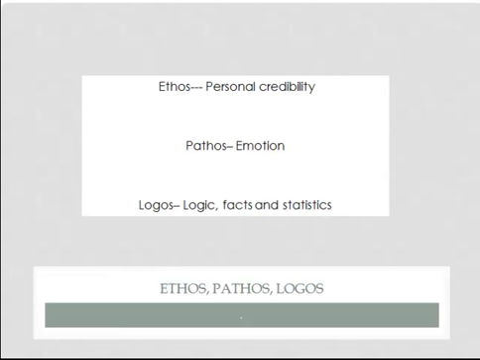So I'm going to show that I'm credible, ethos. I'm going to tap into emotions, pathos, and then finally logos. I'm going to use logic, which is mostly what we've been talking about here, using facts, data, statistics, all of that information. And when put together, ethos, pathos, and logos, they really make for a powerful speech.